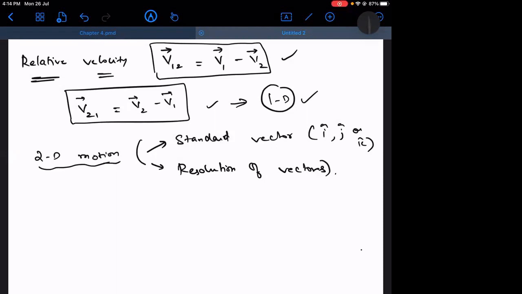In today's class, we are going to concentrate only on relative velocity. In tomorrow's class, we will see uniform circular motion. With that, the chapter will be over. If I'm clear till this point, I will get started with direct examples. Am I clear till this point?